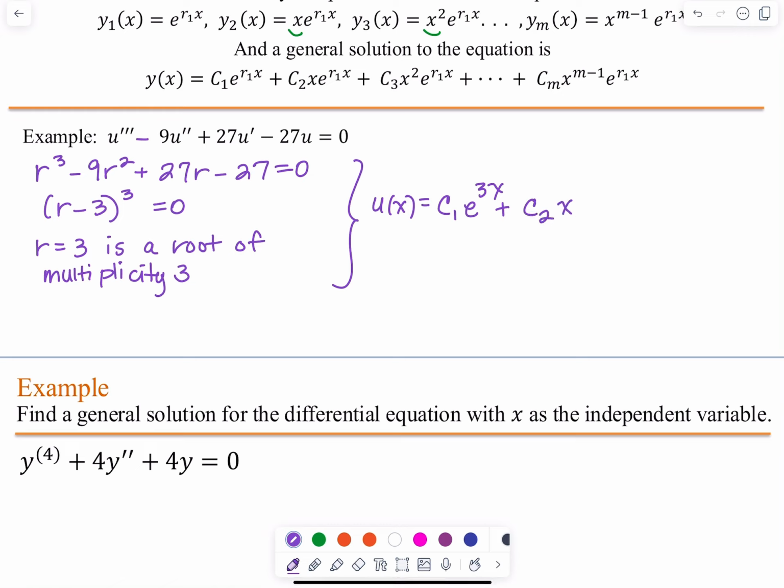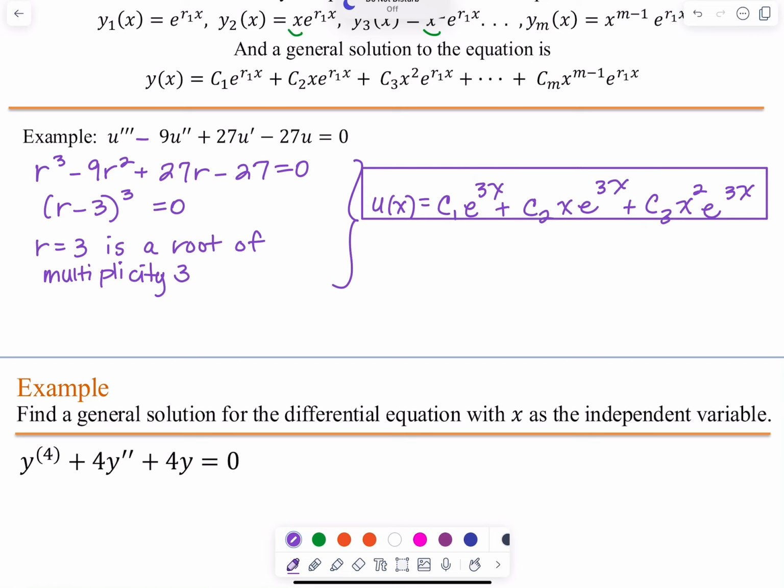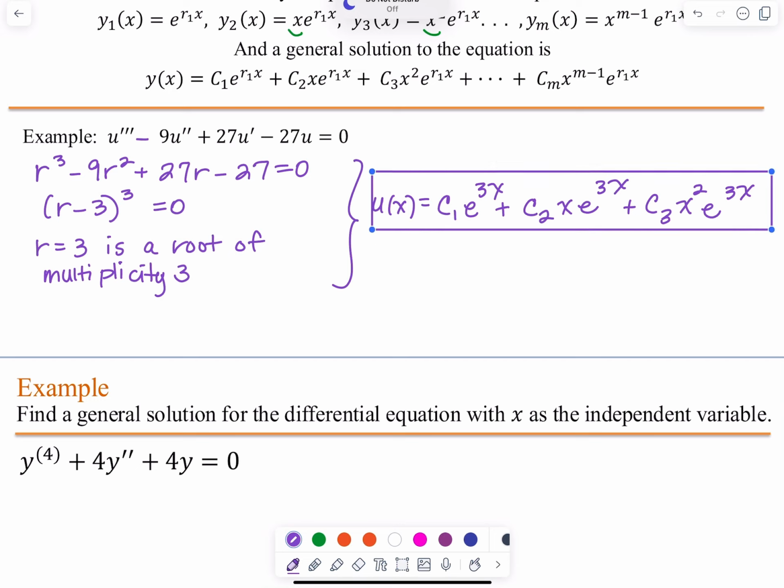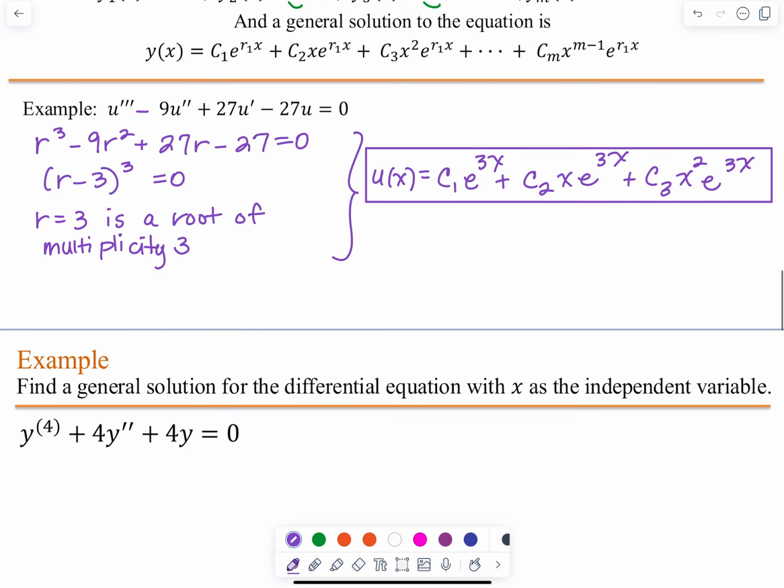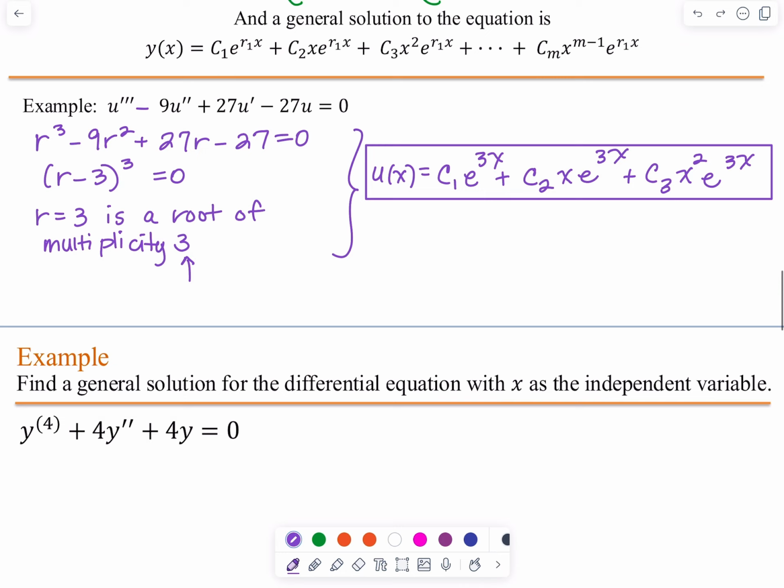So we have c2 x e to the 3x plus c3 x squared e to the 3x. Okay, so if we have multiplicity 3, so that is why we will have m minus 1, which would be 2, is our power on x that we need.